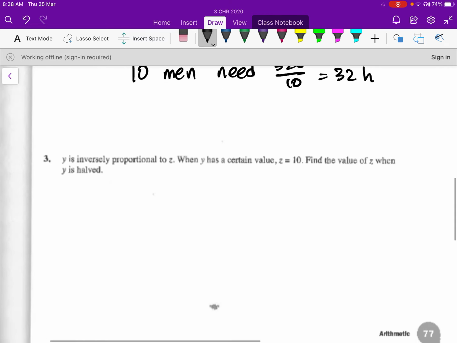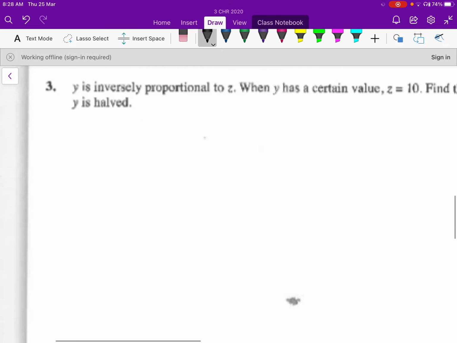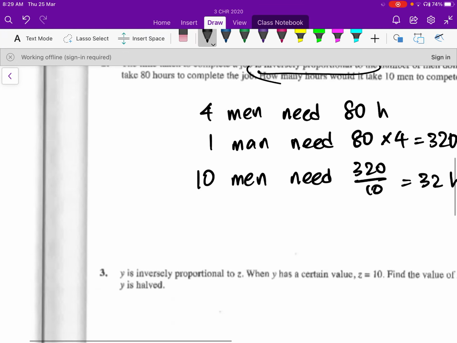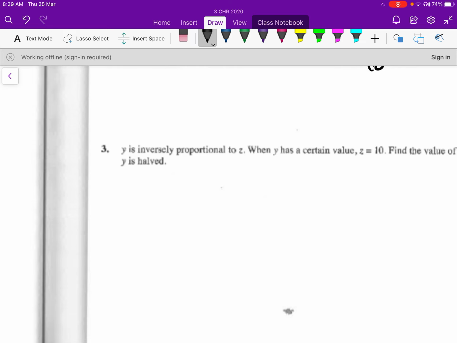Now, question 3, Y is inversely proportional to Z. Now there isn't a situation of how many men, whatever already. Y is inversely proportional to Z. We write it this way: Y equals to K over Z. Okay, please write this down first.